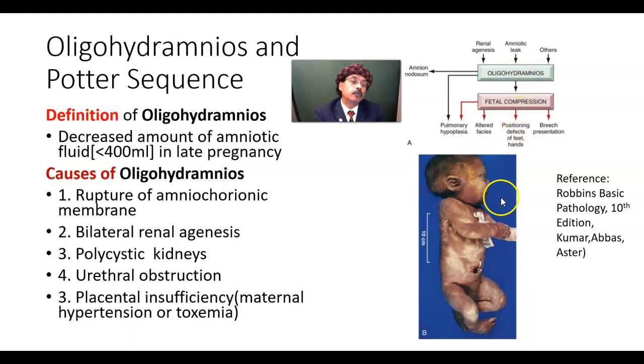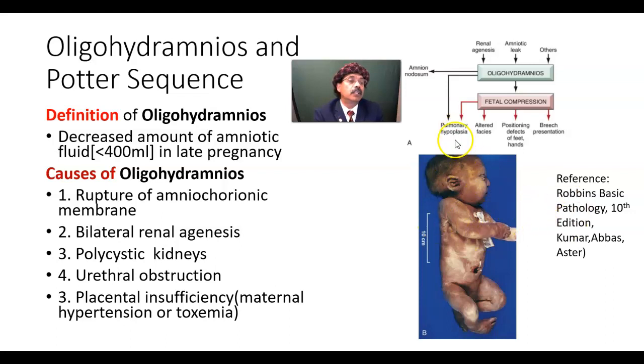Because the cushion around the fetus is lost, there will be fetal compression. There will be pulmonary hypoplasia. As I mentioned, amniotic fluid is essential for the growth of the lung, because the lung gets amniotic fluid by aspiration by the baby, that is growth factors and also connective tissue proline.